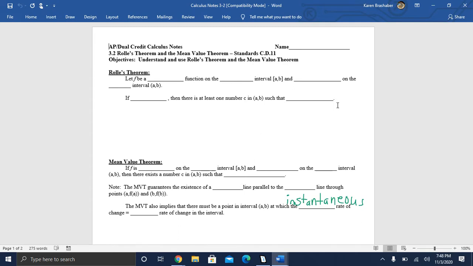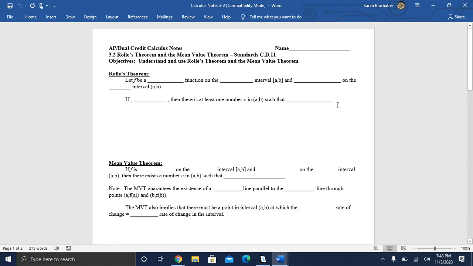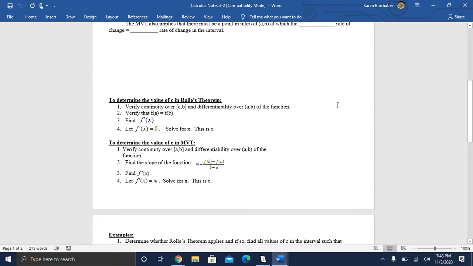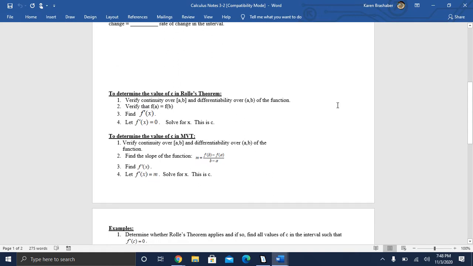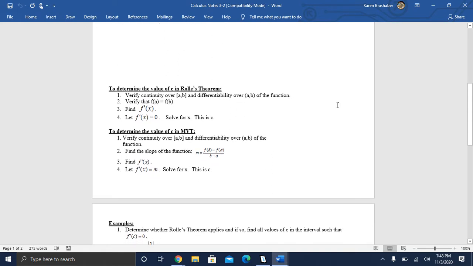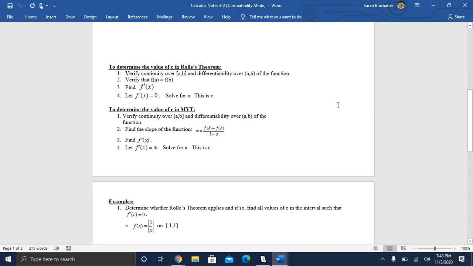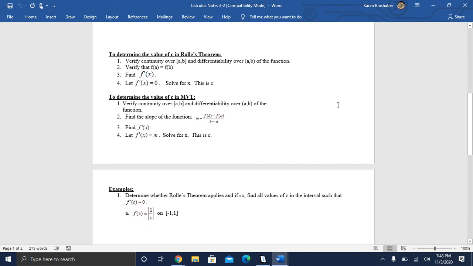All right, so we're going to move on to the next section, and I have some steps that we'll follow to determine the value of C in Rolle's theorem and the value of C in the mean value theorem. So as I go through the examples, you can refer to those steps.